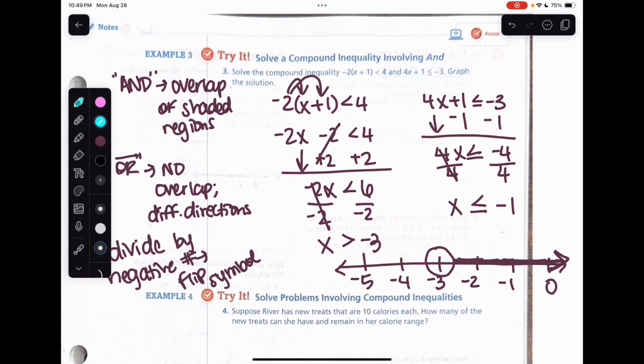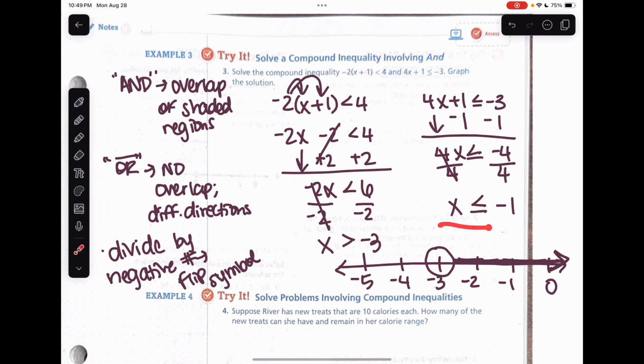All right, the other one, I have a negative 1. So at negative 1, I'm looking at this symbol. Even if I didn't remember it, if I have less than or equal to, and I plug in negative 1 for x, is negative 1 less than or equal to negative 1?